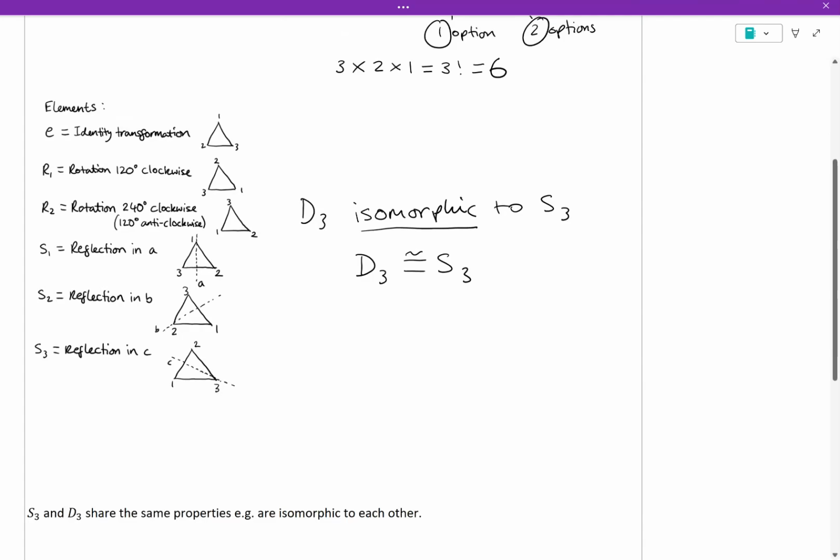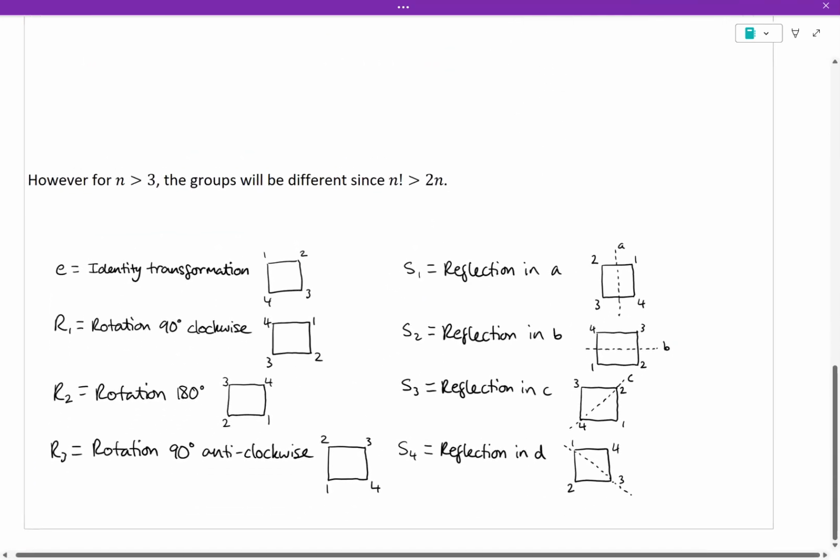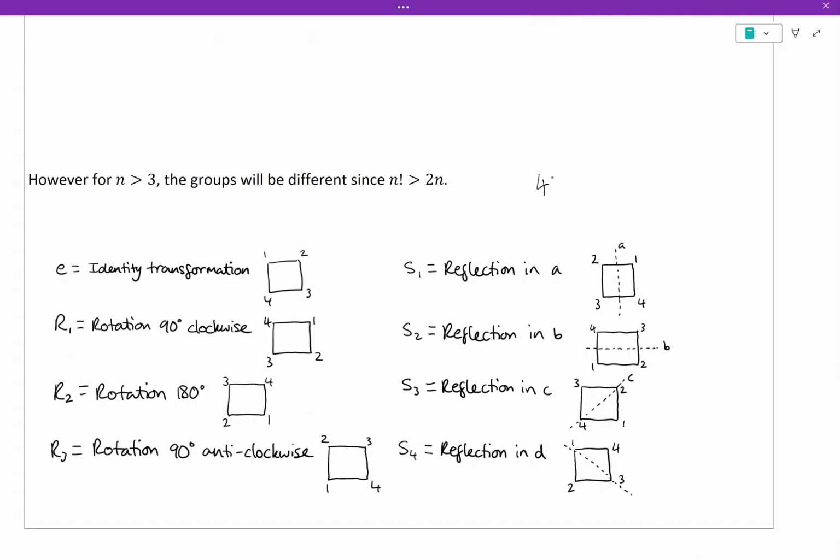If we consider the square instead, for the square, the order would be 4 factorial, which would be equal to 4 times 3 times 2 times 1, which would be 24.